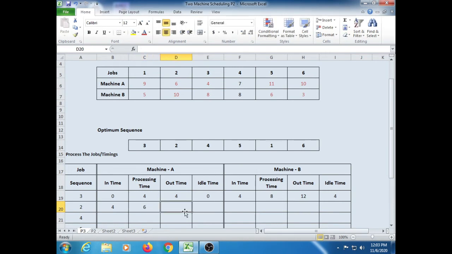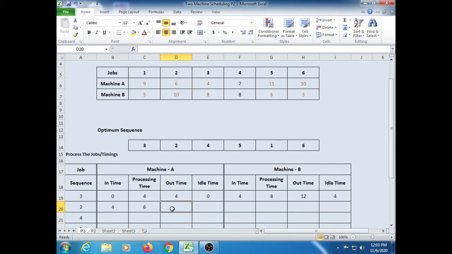That means the second job we have to process on machine A for 6 hours. So what is the out time of this job?